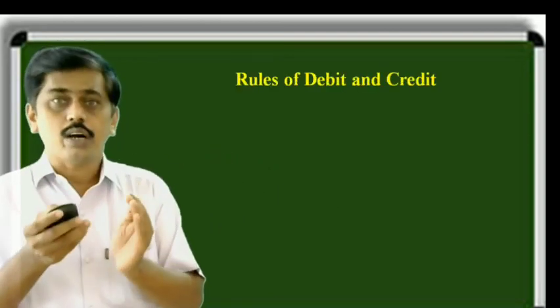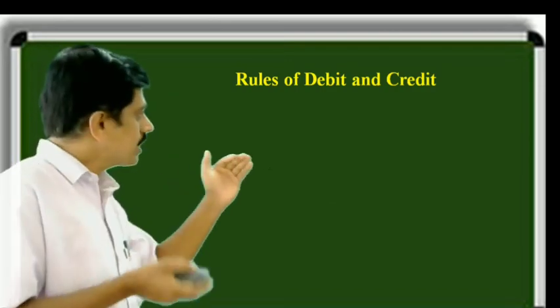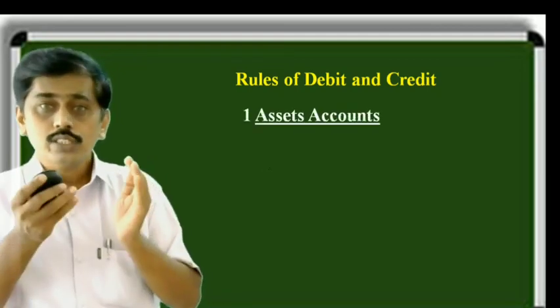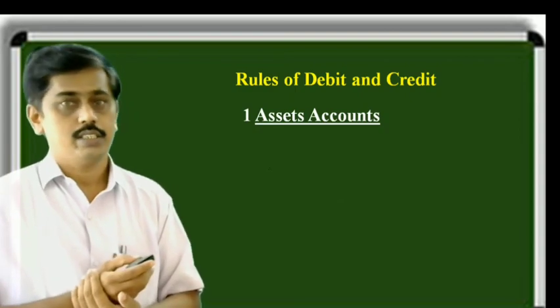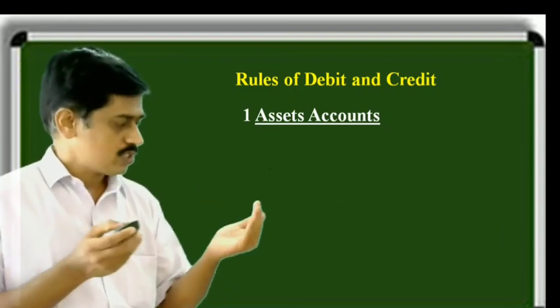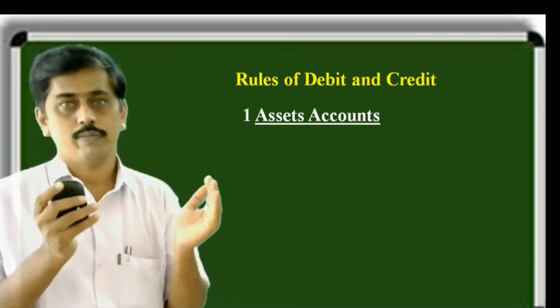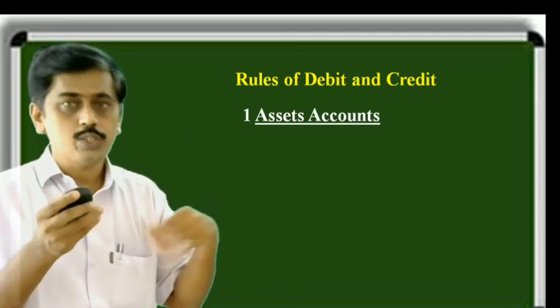For different accounts, different rules are to be followed. First, let me take the assets account. What is the rule of debit and credit for the assets account? Remember these rules always, but you should not memorize them by heart; you should make them yours.